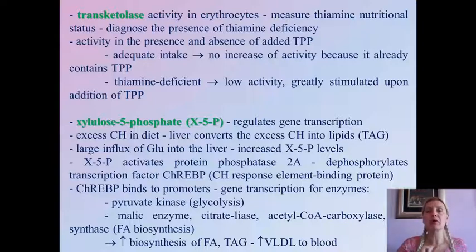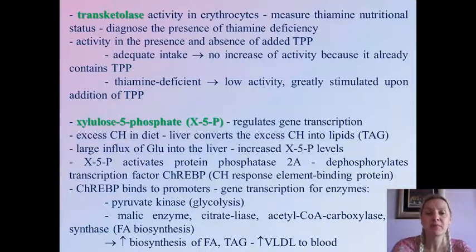Because, for example, in the states of excess intake of carbohydrates in diet, we all know that all excess amounts of sugar are going to be converted into lipids, predominantly 3-acylglycerols. So when there is a huge influx of glucose into the liver, it's going to, of course, logically increase the levels of X5P in cells.